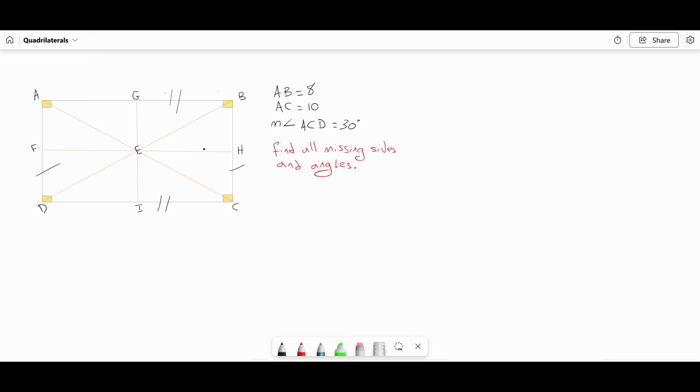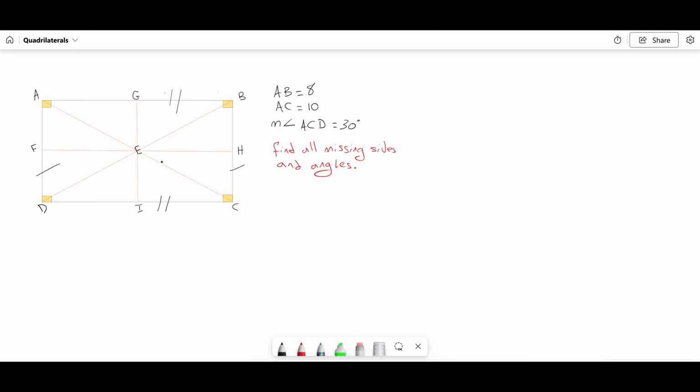So what type of quadrilateral is this? Yes, this is a rectangle. We have two sides that are opposite and parallel, and these two sides are also parallel and opposite, and they have the same lengths. This side and this side have the same lengths, and these two sides have the same lengths.